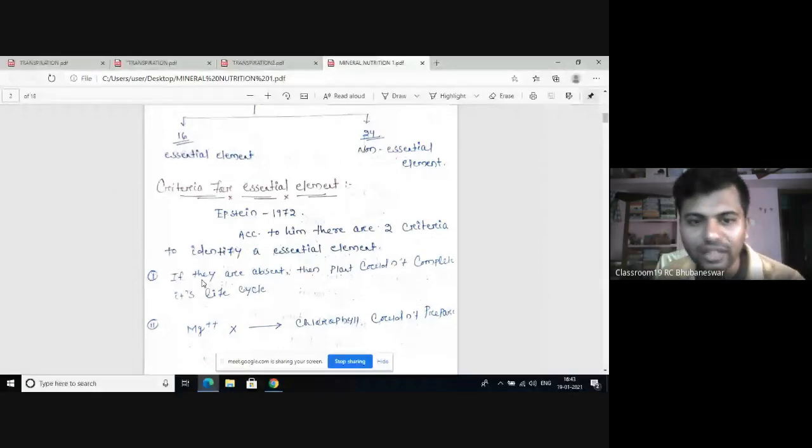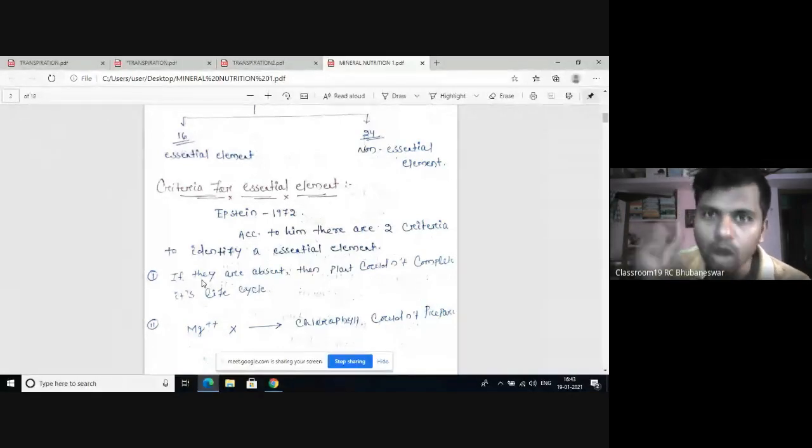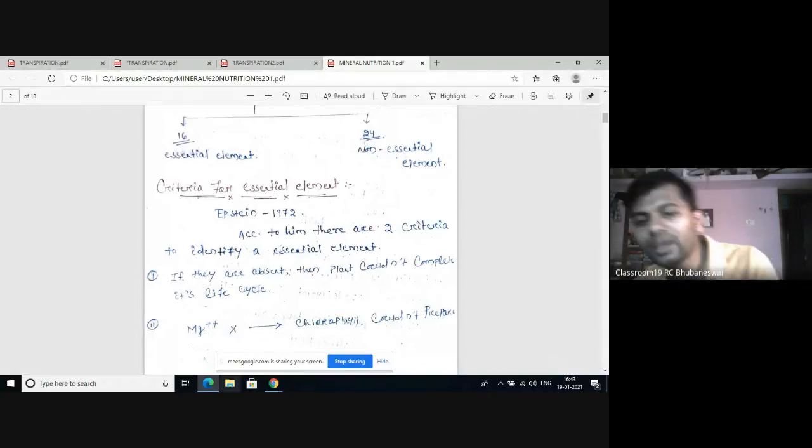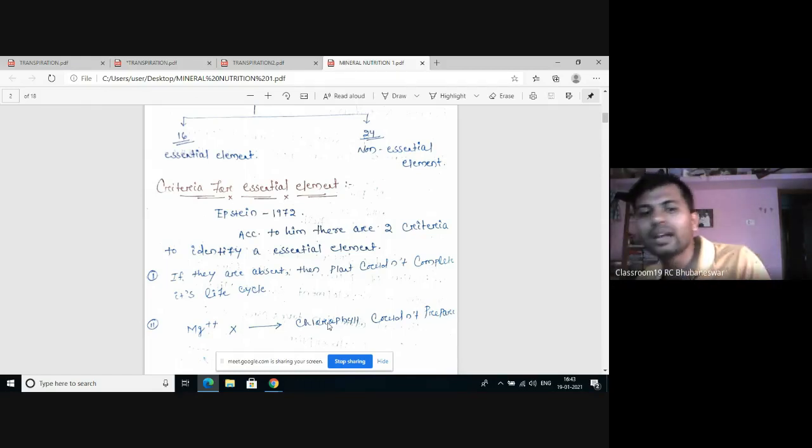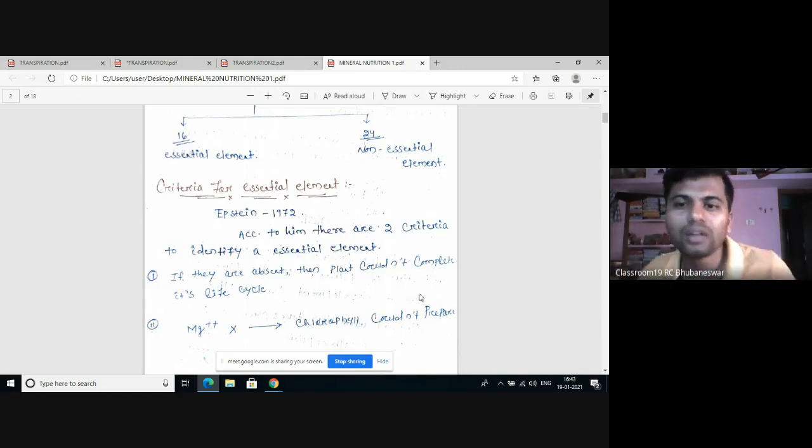The second condition is, if this element forms an integrated part of a biomolecule, and this biomolecule is essential for the activity. For example, magnesium is an element which forms the integrated part of a biomolecule, chlorophyll. The chlorophyll is essential for plant survival. So these are the two criteria to justify whether an element is essential or non-essential.